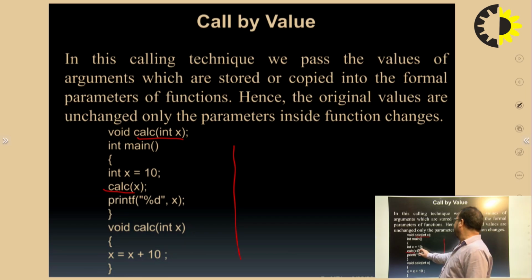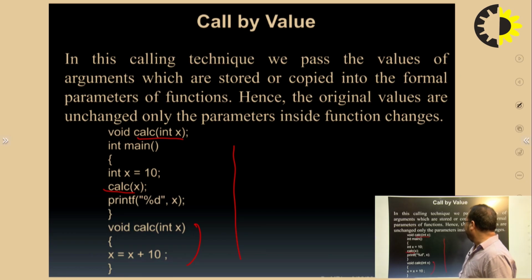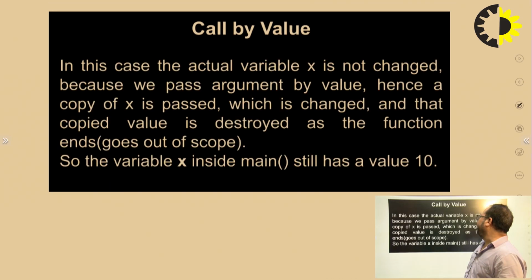So we will pass the 10, okay. Once this function gets called, it jumps to the definition portion, and here x becomes x plus 10, meaning 10 plus 10, it is 20. So x becomes 20, okay, and it will simply return here. So print a %d of x, this will print 20, okay.